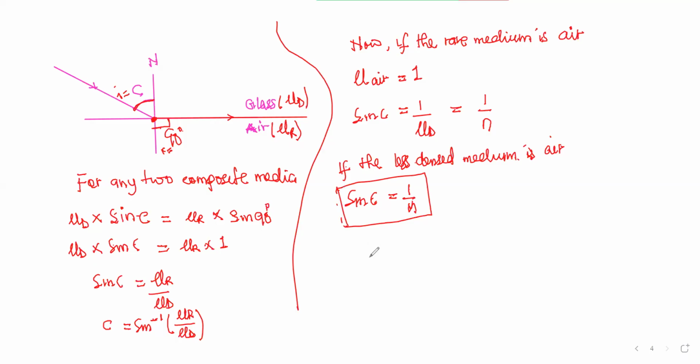And in this case, the critical angle will simply be equal to the sine inverse of 1 over n.